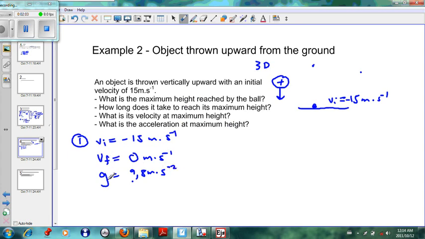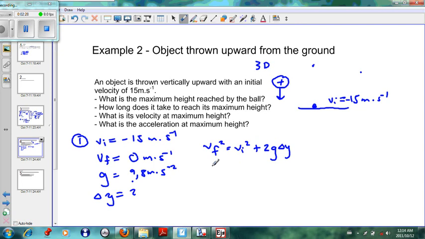So we've got three unknowns, and we want to know what is the maximum height reached, which is delta x or delta y in this case. If we work it out, the equation that we have to use is vf squared equals vi squared plus 2g delta y.